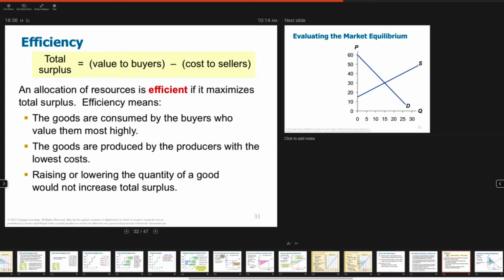So, changing the quantity of the good will not change the total surplus, because if you change the quantity, you're increasing one and decreasing the other.